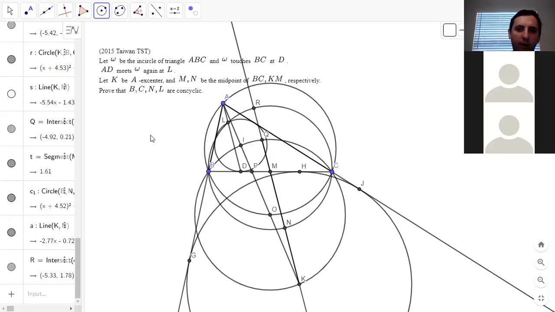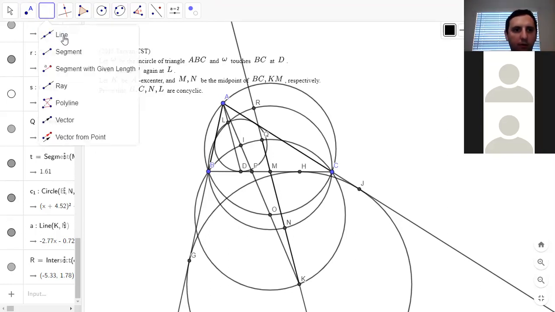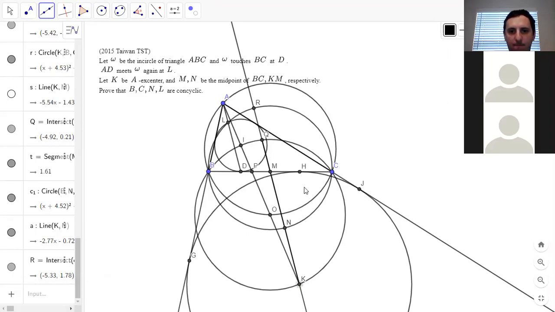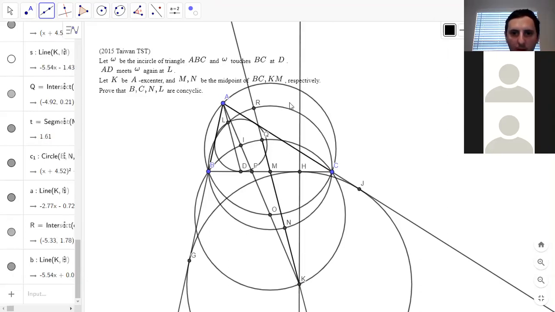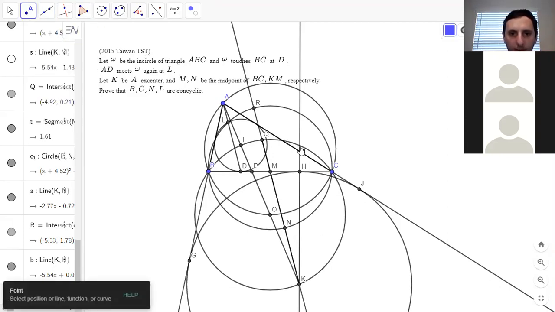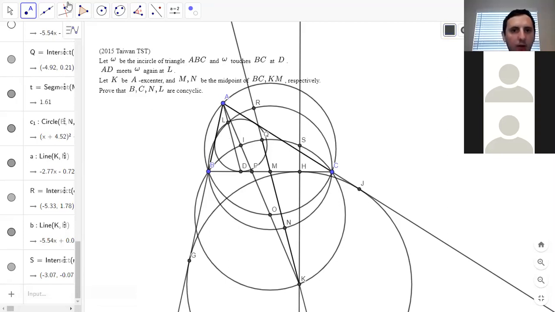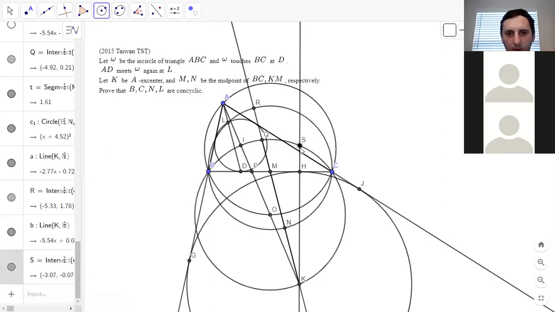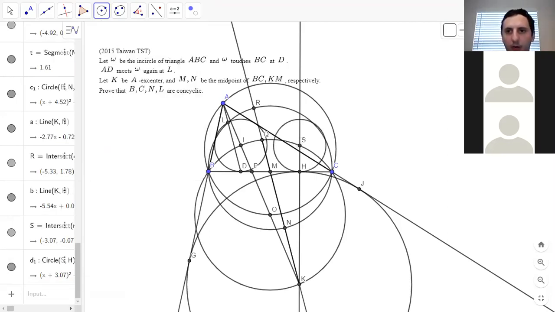Actually, you know what? I wonder, for example, if this is always the midpoint. So like if we, no, it's not always.